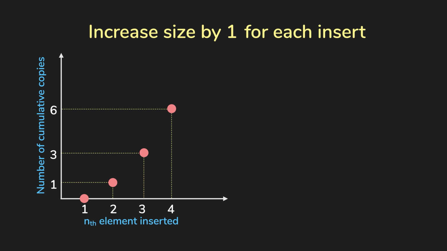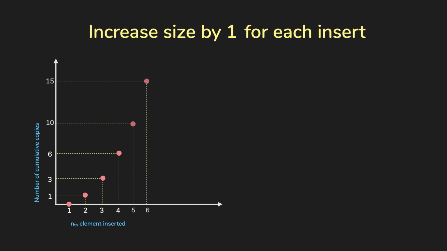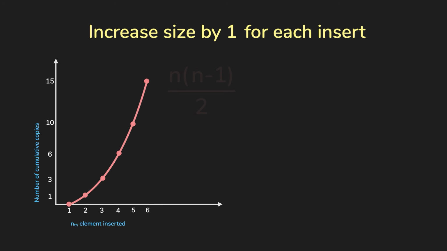For 2 elements inserted, you would have copied once. For 3 elements inserted, you would have copied 3 times. And then for 4 elements, you would have had a total sum of copies of 6. And then you can kind of see a pattern where once we inserted n elements, you would have copied n times n minus 1 divided by 2 times.